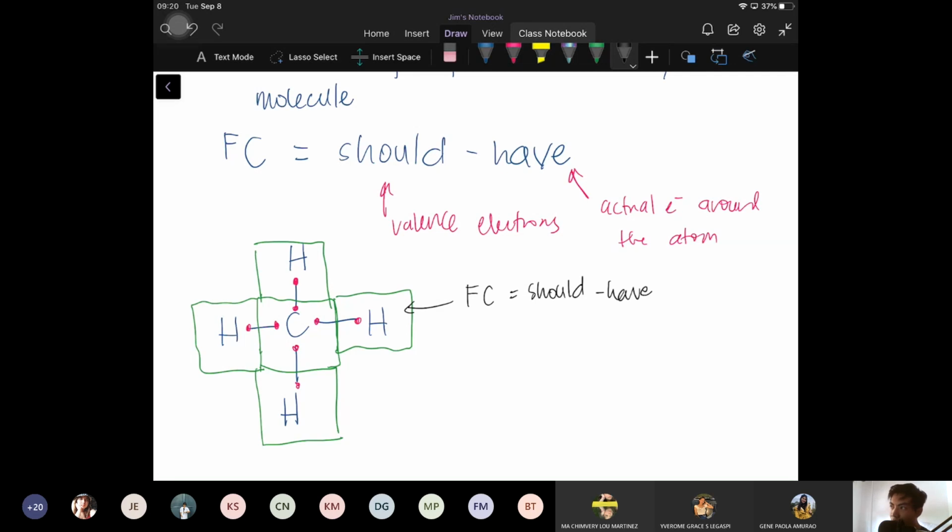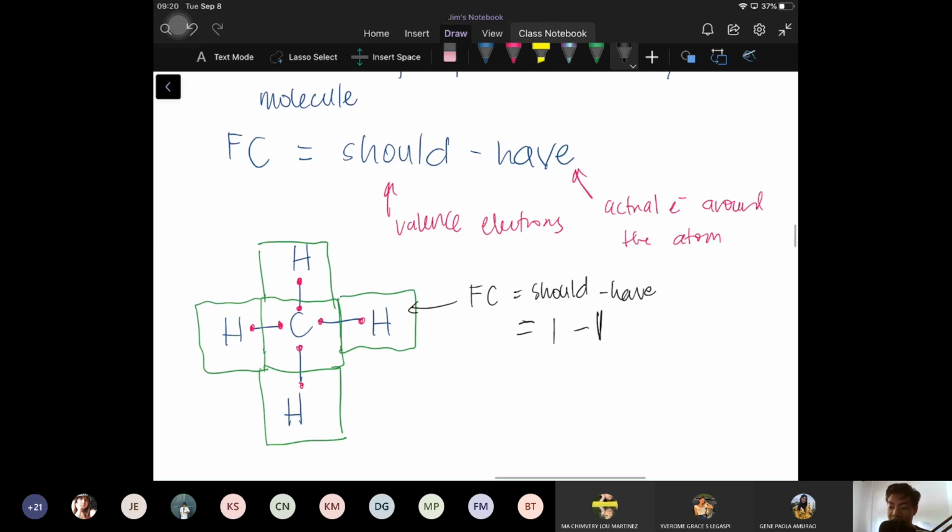Okay. So, formal charge should minus have. When you say should, that pertains to the valence electrons. The valence electron for hydrogen is 1 kasi group 1 siya. Have, ilang electrons meron sa isang box? Isa lang. So, isang dot lang yung nakikita natin sa box na to. That means there is one half electrons na.